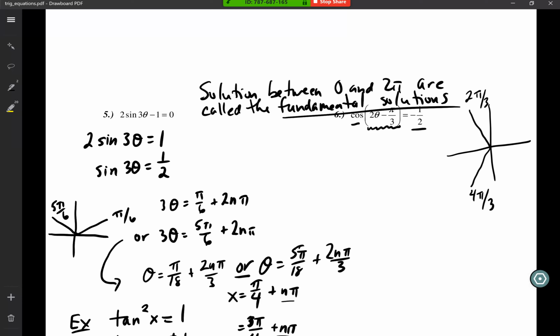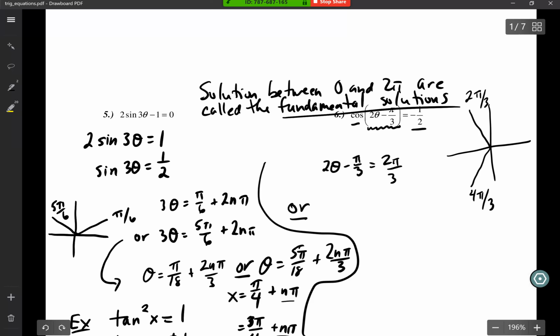So just like what we did in the previous one, we will say that 2 theta minus pi over 3, whatever is on the inside, has to be 2 pi over 3, or the 2 theta minus pi over 3 has to be 4 pi over 3. Notice all we're doing is treating the inside like it's the variable, like we've done in the previous problems.